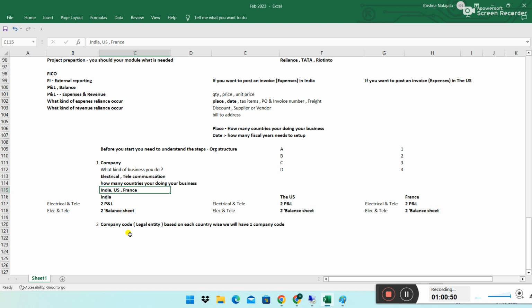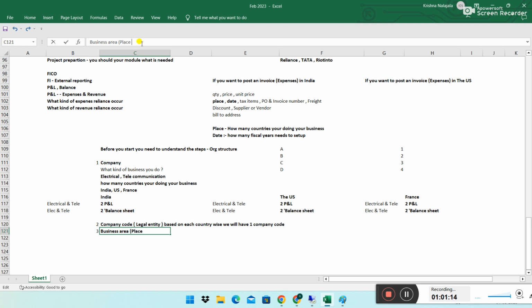So you have a country as the base, but to accommodate that, you have a business area. A business area is nothing but a place. Like in India, you might be doing business in Hyderabad, Bangalore, maybe Mumbai, Kolkata, right? Yes.